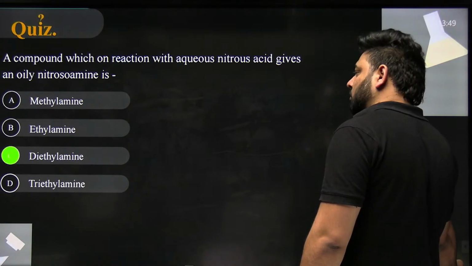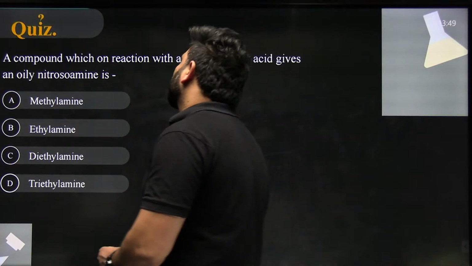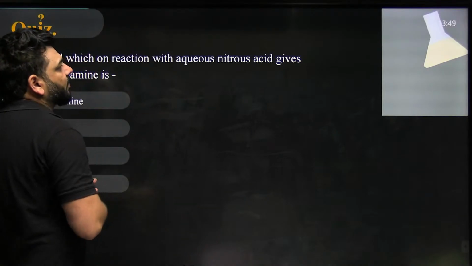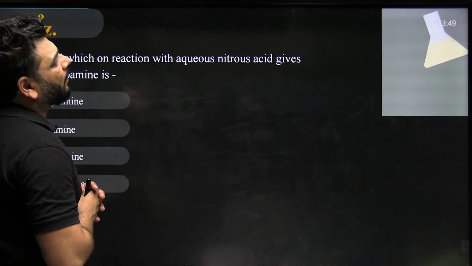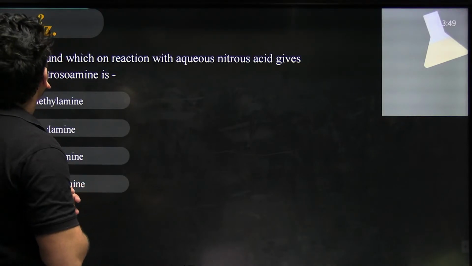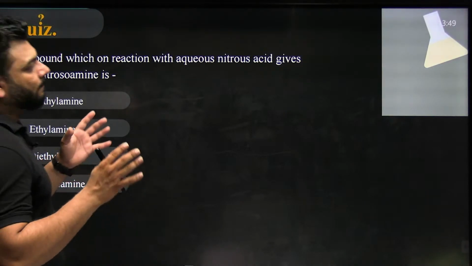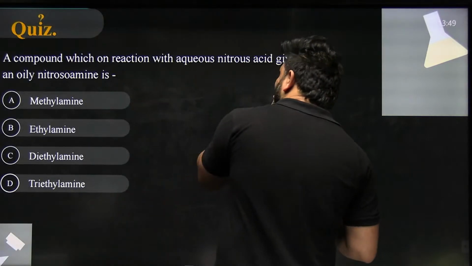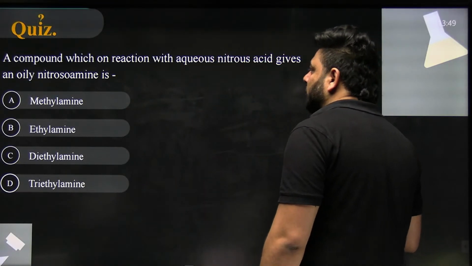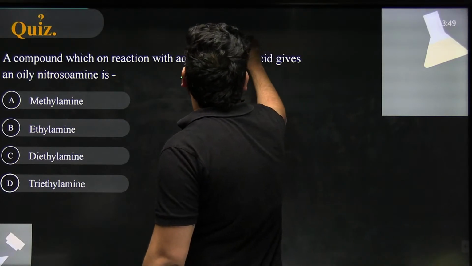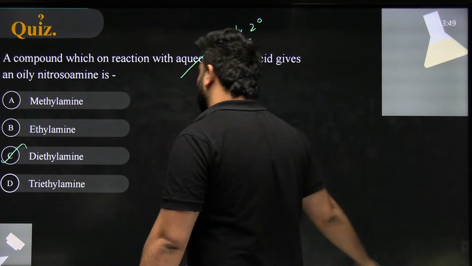So diethylamine. Secondary gives this nitroso reaction. Do you know what primary amine makes? Primary amine makes alkyl diazonium salt, which is unstable in presence of water and produces alcohol. So only secondary amine reacts to form it, and the 2 degree answer is diethylamine.